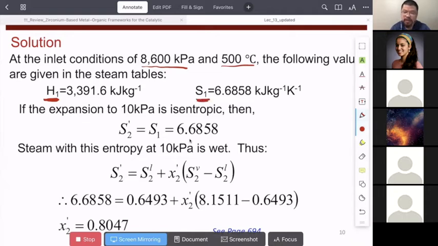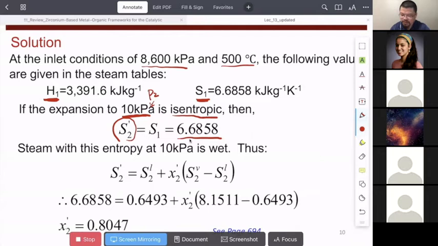This is the S1, the entropy of the inlet, and we know this is the P2. And we are going to satisfy the isentropic process, meaning S2 prime will be exactly the S1, the value we just read from the steam table.